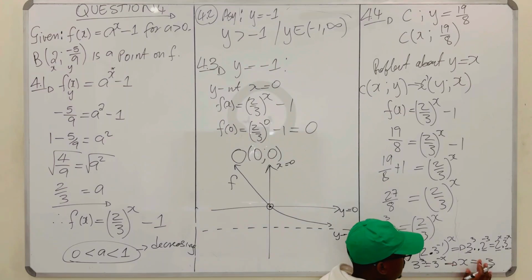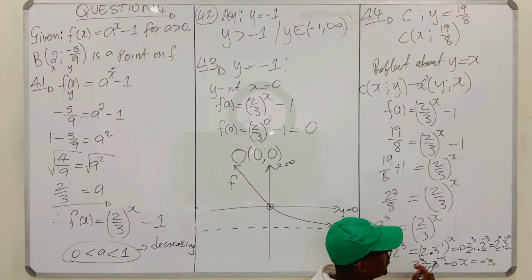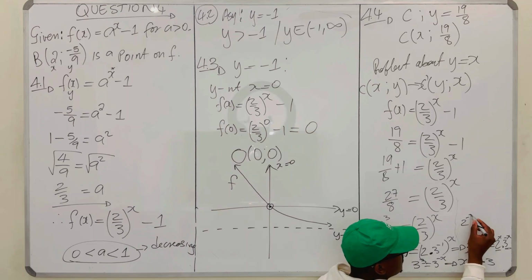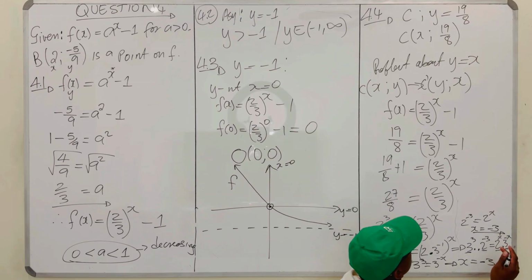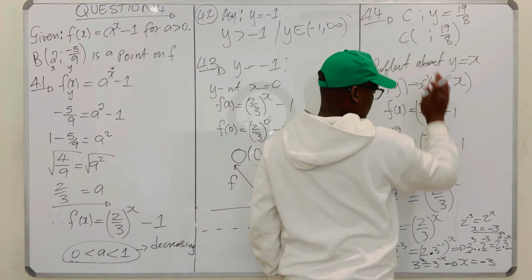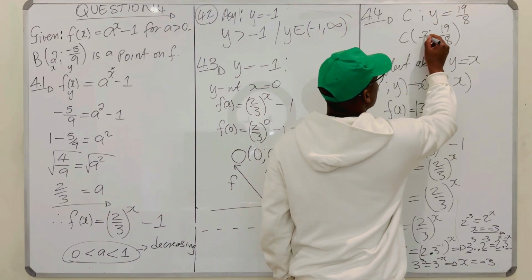Or you could have said that your 2^-3 is equal to 2^x. Therefore, your x is equal to minus 3 still. So the x coordinate for C is minus 3.